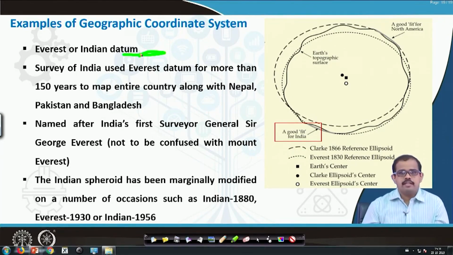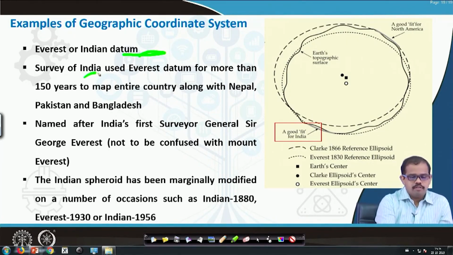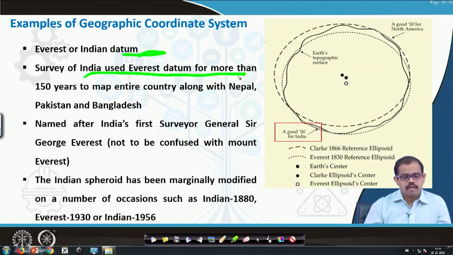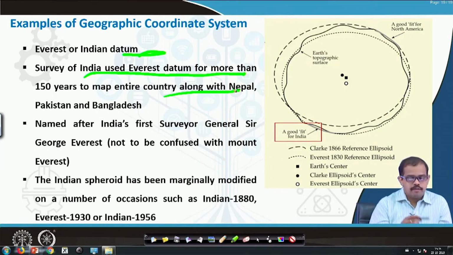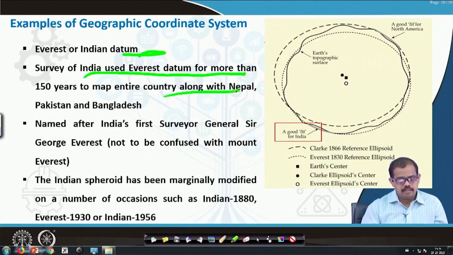So this used to be the reference system that we used, but today we can get WGS 84 directly from the National Remote Sensing Center. Survey of India used the Everest datum for more than 150 years to map the entire country along with Nepal, Pakistan and Bangladesh, named after India's first surveyor, General Sir George Everest.